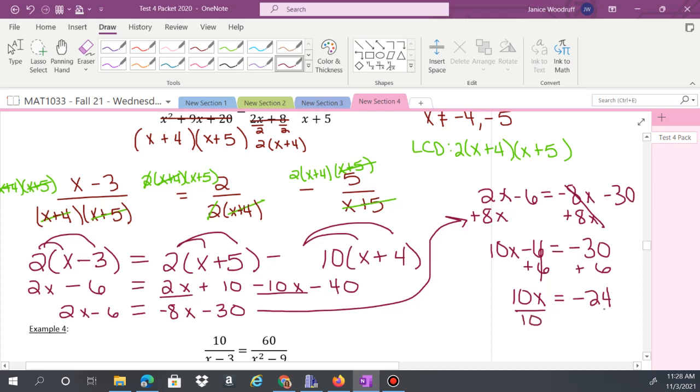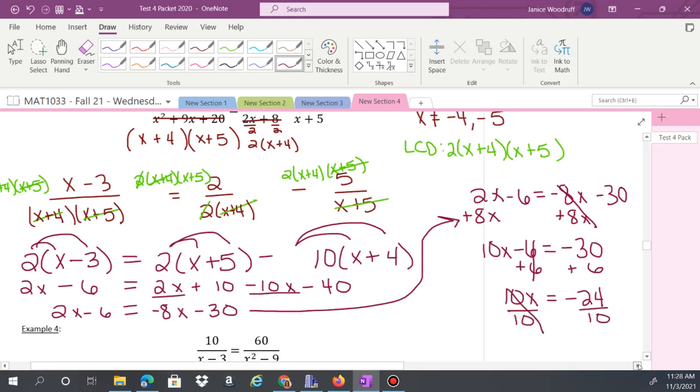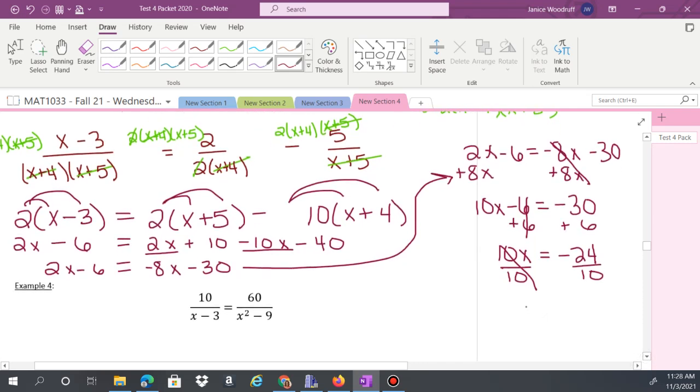Then I'm going to divide by 10. And I get x equals negative 24 over 10. And those are both divisible by 2. So negative 12 over 5. And my restrictions were negative 4 and negative 5, so that one is okay.